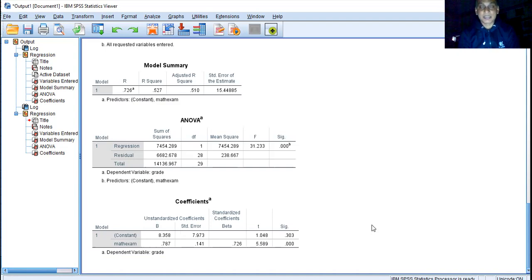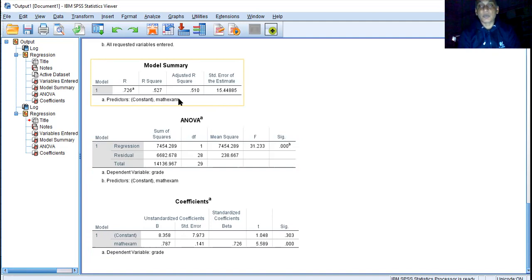Coming to the D part, we have to talk about the effect size. We know R square is our effect size. R square happens to be 0.527, so the effect size is large. We know that if R square is equal to 0.01, effect size is small.